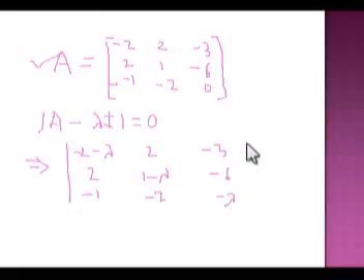This determinant should be 0. Here we will get a third order equation of lambda. Solving this, we get three eigenvalues. So we solve this first.